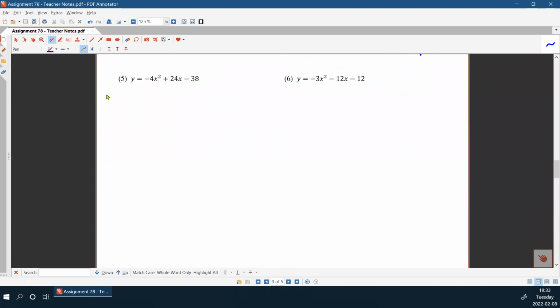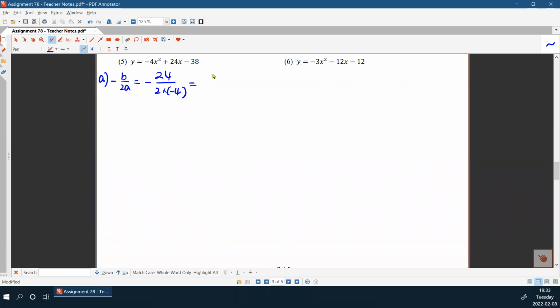Again, first of all, the vertex. Negative b over 2a, where negative b is 24, and 2a is 2 by -4, right? And this you will get 3.